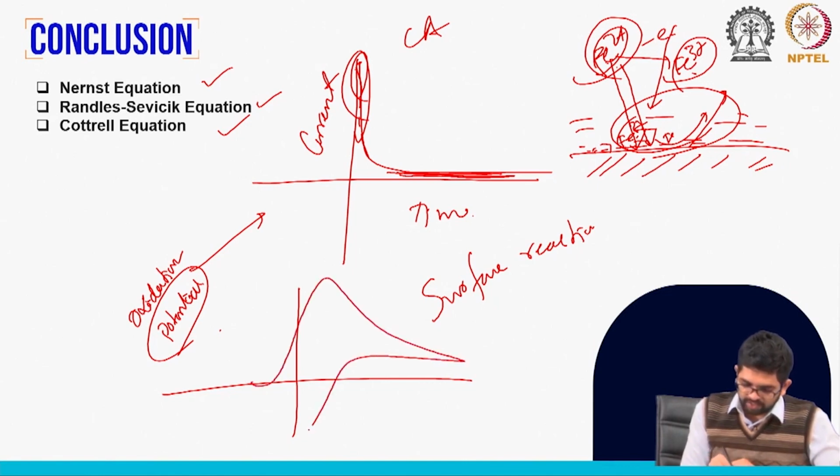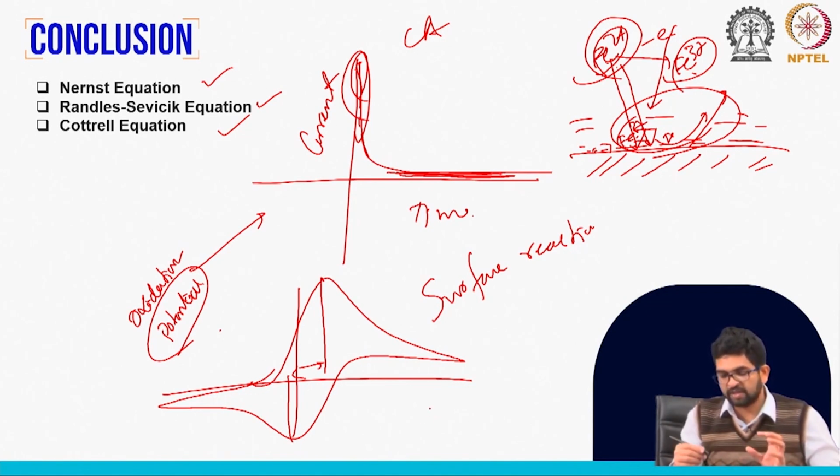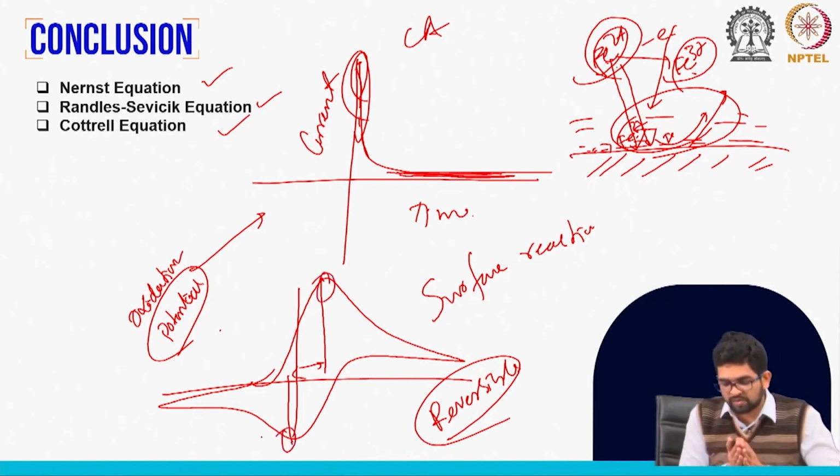And the shape of the cyclic voltammogram: if the oxidation peak and reduction peak are very close, it means your reaction is reversible. Then your oxidation peak and reduction peak will be very close, because they can easily oxidize and easily reduce, right?